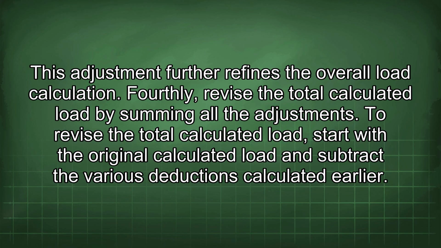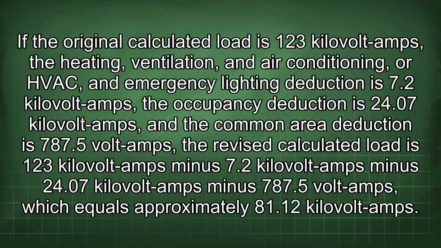Fourthly, revise the total calculated load by summing all the adjustments. To revise the total calculated load, start with the original calculated load and subtract the various deductions calculated earlier. If the original calculated load is 123 kilovolt amps, the heating, ventilation, and air conditioning, or HVAC, and emergency lighting deduction is 7.2 kilovolt amps, the occupancy deduction is 24.7 kilovolt amps, and the common area deduction is 787.5 volt amps.